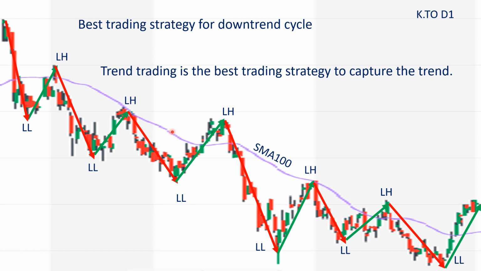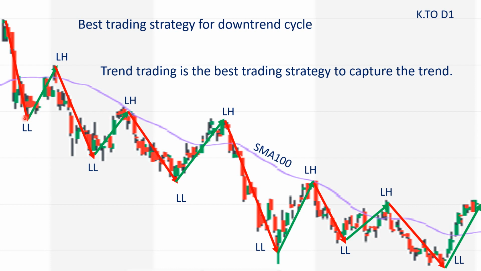Now, another question is, how do you trade this pullback, how can you make money? That's very important. The first thing you can use is candlestick patterns, price rejection and formation, candlestick pattern reading.